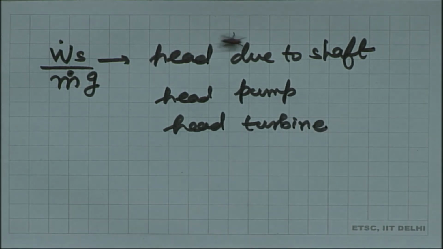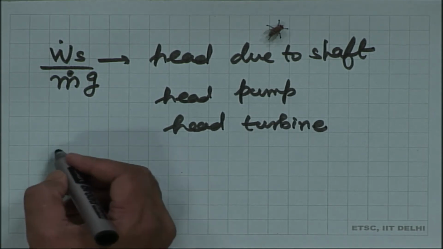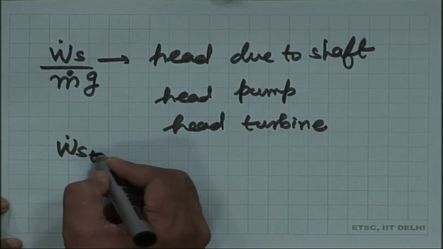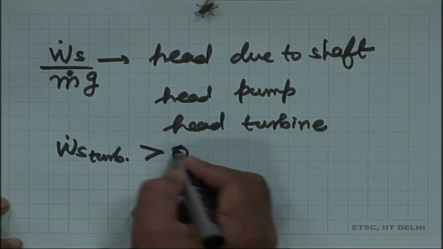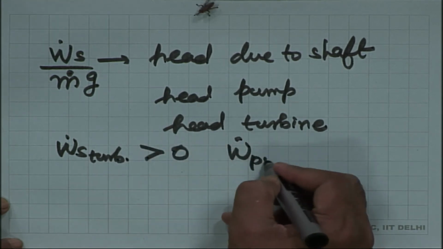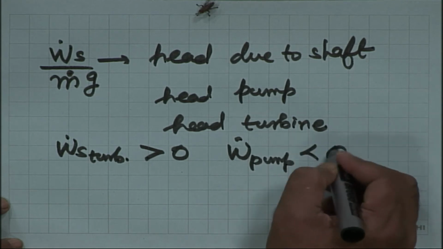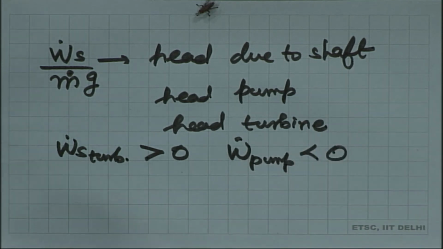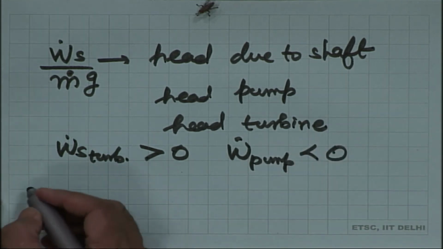And we have seen the pump head will be negative, turbine head will be positive. We have seen W dot s due to turbine is greater than 0 and W dot s due to pump is less than 0.